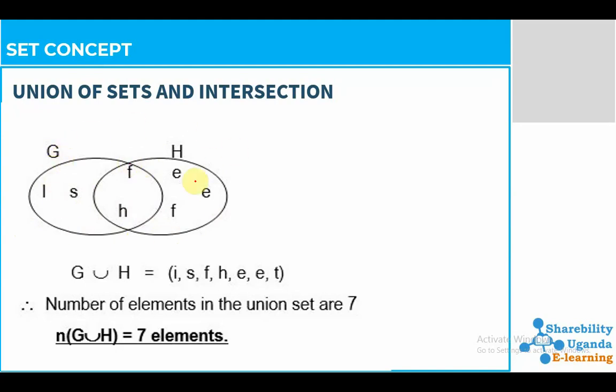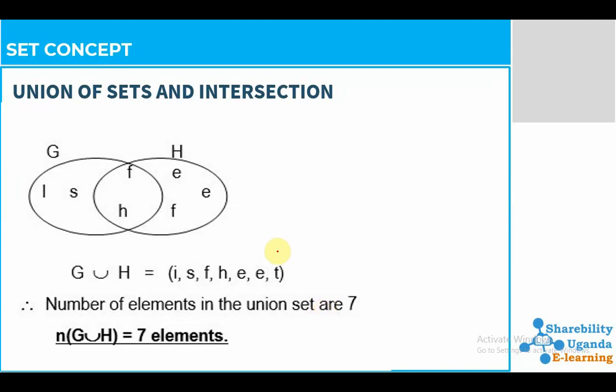All of these members inside, we shall collect them together and make a union of G and H. So here they are able to bring this, and they are able to bring this, which is I, then S, F, H, E, and E. Okay, these ones are represented 2 times and they are different members.